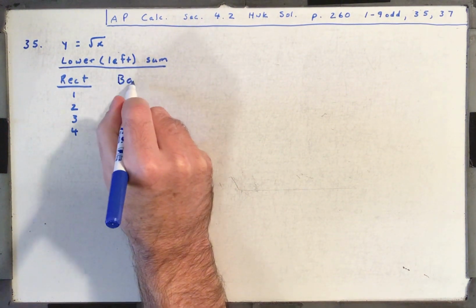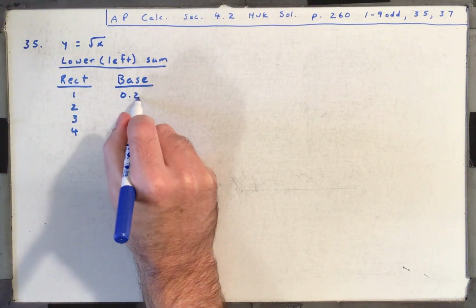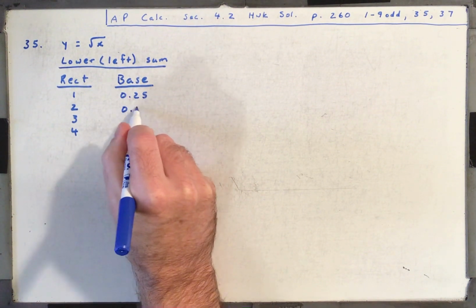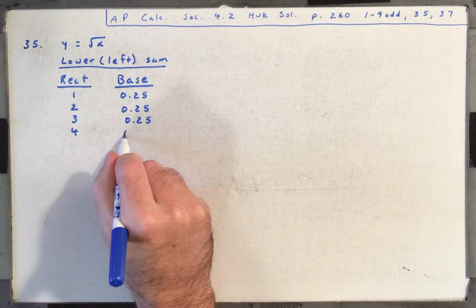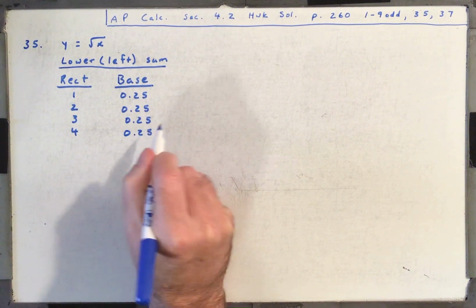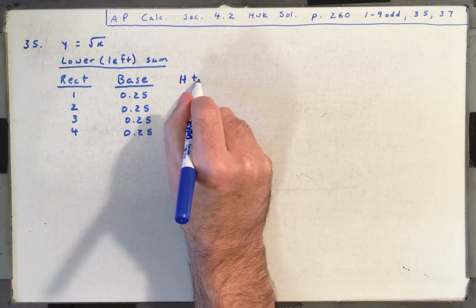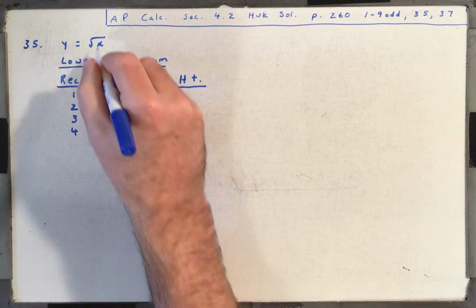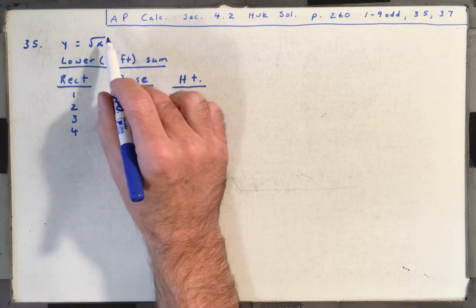The base of each rectangle is 0.25. The height of each rectangle, we're going to use the function. So it's the square root.